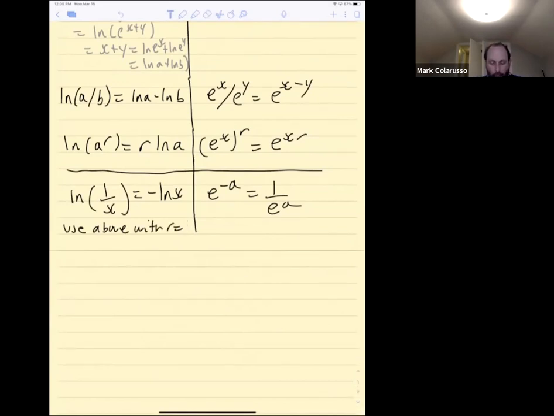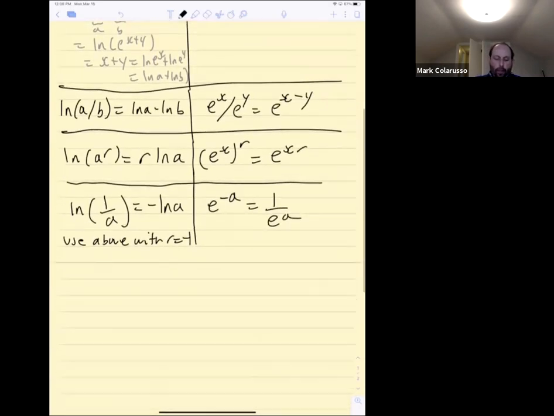It comes up enough that it warrants its own privileged place in the table, and I should use a just to be consistent here instead of x. But anyways, it's a special case of the previous property.